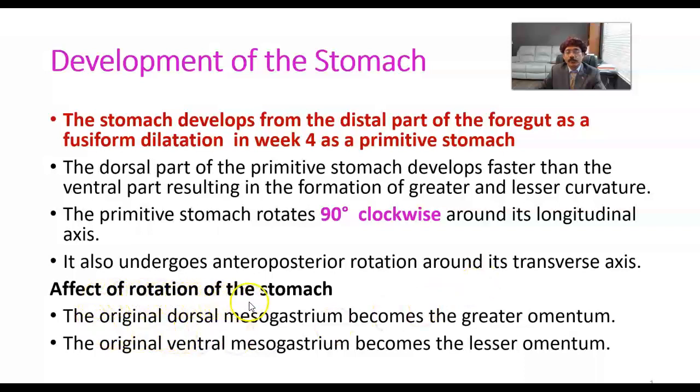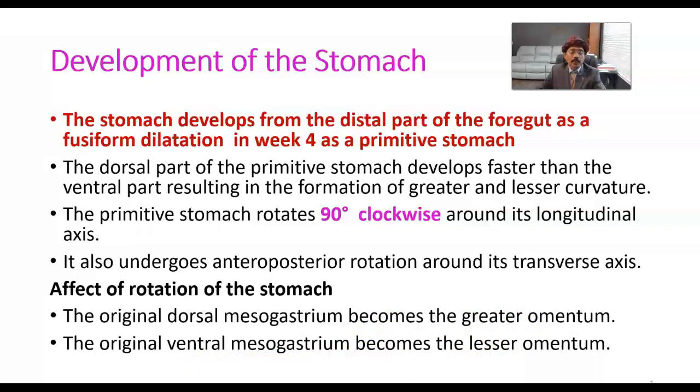Effect of rotation of the stomach. There are many effects of rotation of the stomach. The original dorsal mesogastrium becomes the greater omentum. The original ventral mesogastrium becomes the lesser omentum.